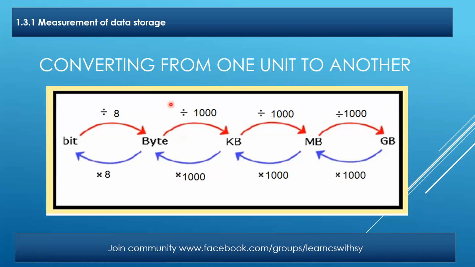So just remember, when you are going from bits to bytes, then bytes to kilobytes, in this manner, you'll be performing the division. And when you are going from gigabytes to megabytes, megabytes to kilobytes, kilobytes to bytes, or bytes to bits, then you will be performing the multiplication. Understood? Any issues?